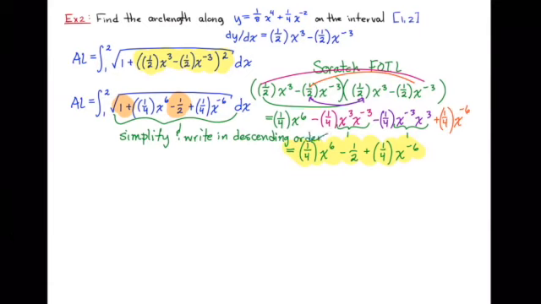That gives us that our arc length is equal to the integral from 1 to 2 of the square root of 1/4 x to the 6th plus 1/2 plus 1/4 x to the -6. Now that you've written it in descending order, you might recognize that this is from the opening slide.